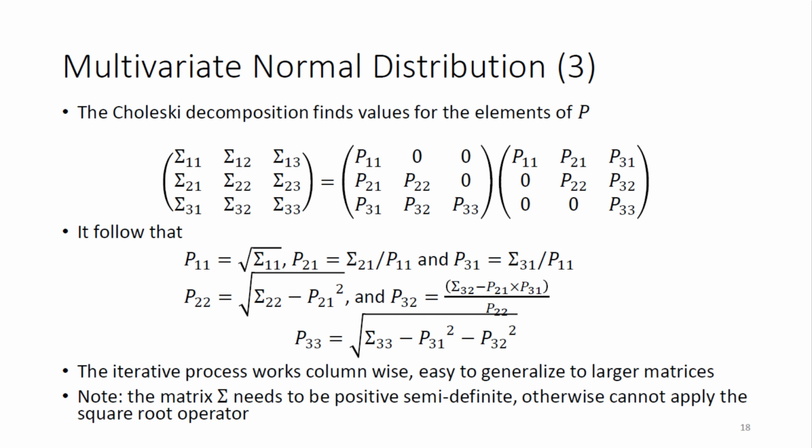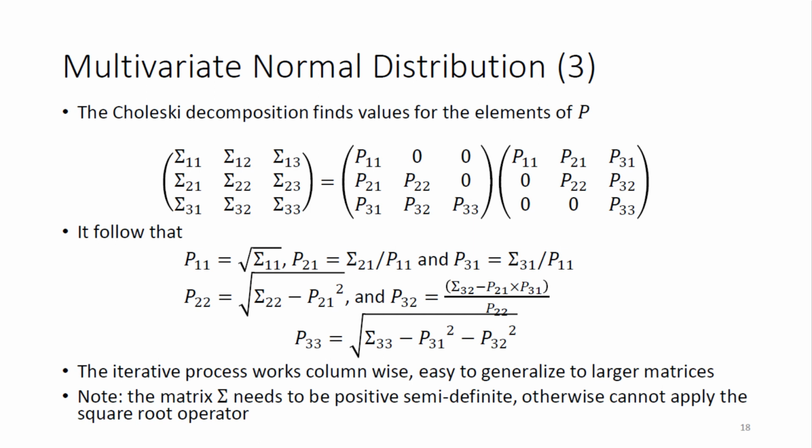Then I put all these values in that lower triangular matrix P, and that's the matrix that I use to multiply the drawings from the standard univariate normal distribution functions. So this is an iterative process. If you do this for larger matrices, it's easy to generalize. You work column by column. The formulas just get a little bit bigger, but it's easy to build in as a routine.